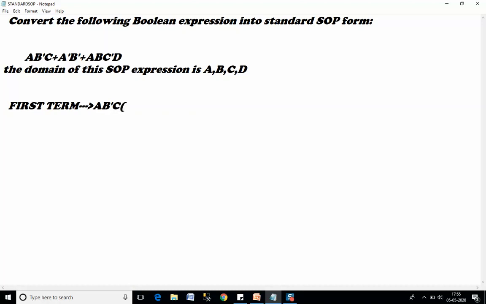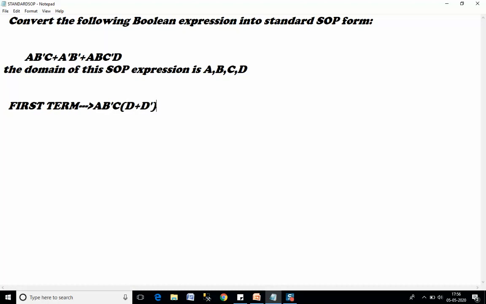I will simply apply the Boolean law, which is A or A complement is equal to 1, because 1 and with a variable is always equal to the variable. That is again a law. So A, D is missing, so I will write D or D complement.